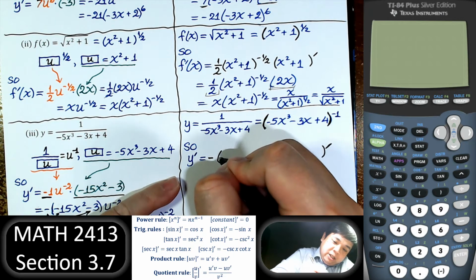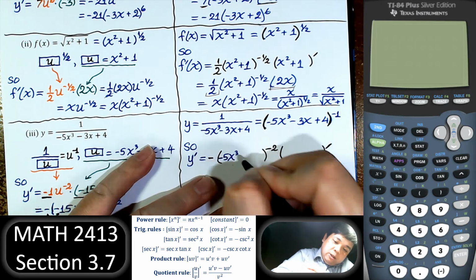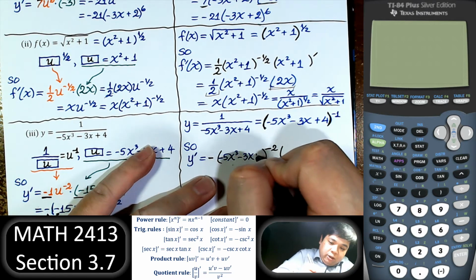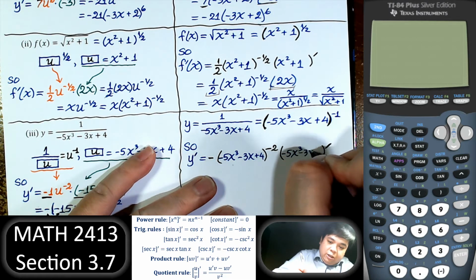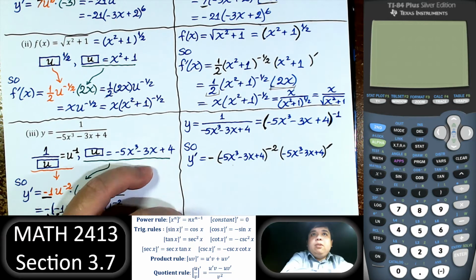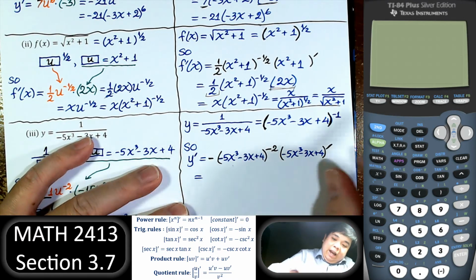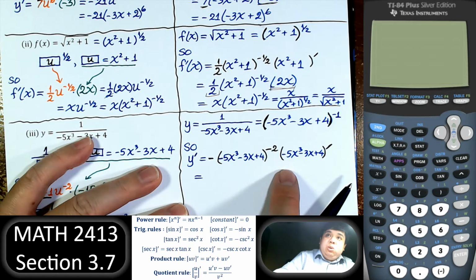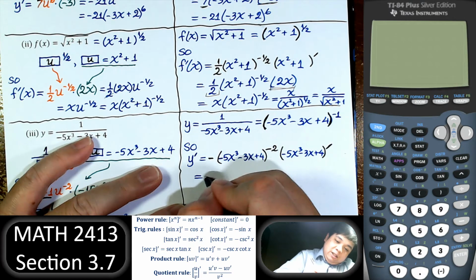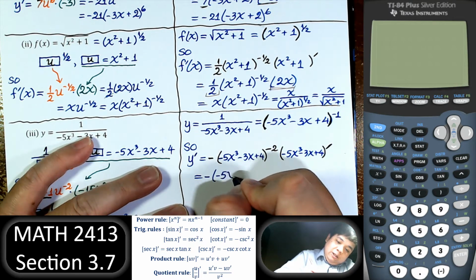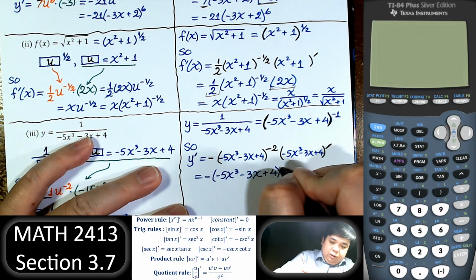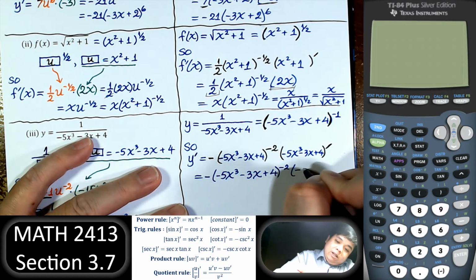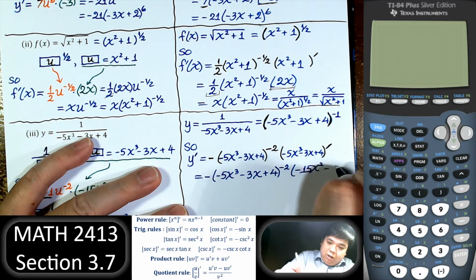And the parentheses is negative 5x cubed minus 3x plus 4. And we don't do anything with this now. We only need to do the derivative after that. The derivative of this is negative 15x squared minus 3.